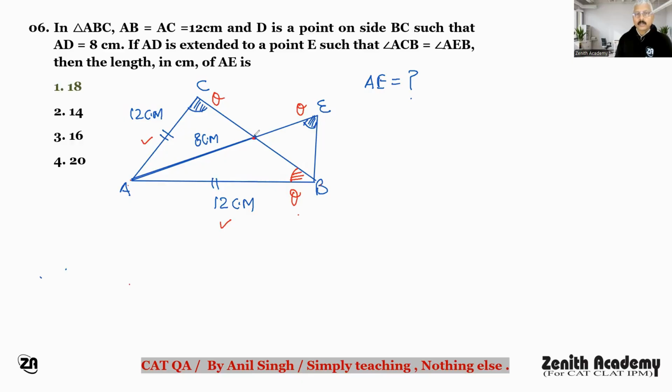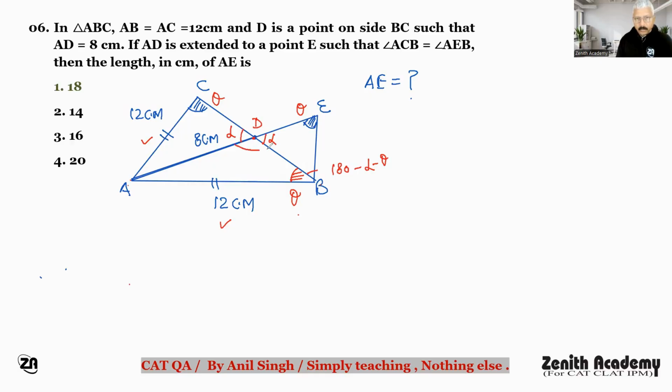Okay, look here. This point D is a point on side BC. AD is 8, given. So here if I take alpha, then this will be alpha, vertical opposite angle. It is theta, it is alpha. So this angle will be 180 minus alpha minus theta. Okay, and it is alpha.